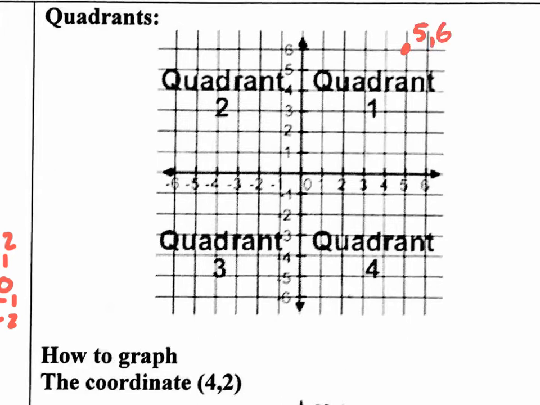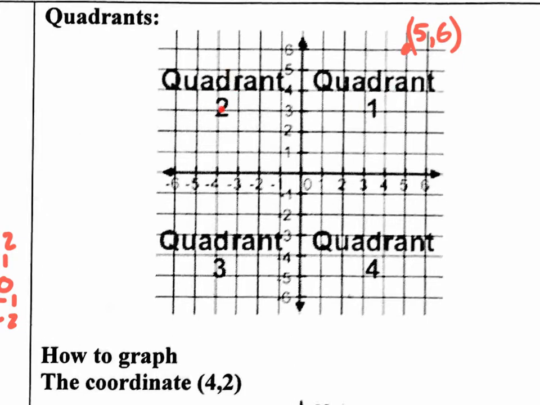Coordinate 5, 6. As you can see, both values are positive because it's in quadrant 1. 5 on the x, 6 on the y. And if we think about the 5 and the 6, that's where they meet, 5, 6. You could think of it as where they meet, or you could think of it as travel 5 on the x, 6 on the y, and that's how you get to coordinate 5, 6. But my point is, they're both positive because they're in quadrant 1.